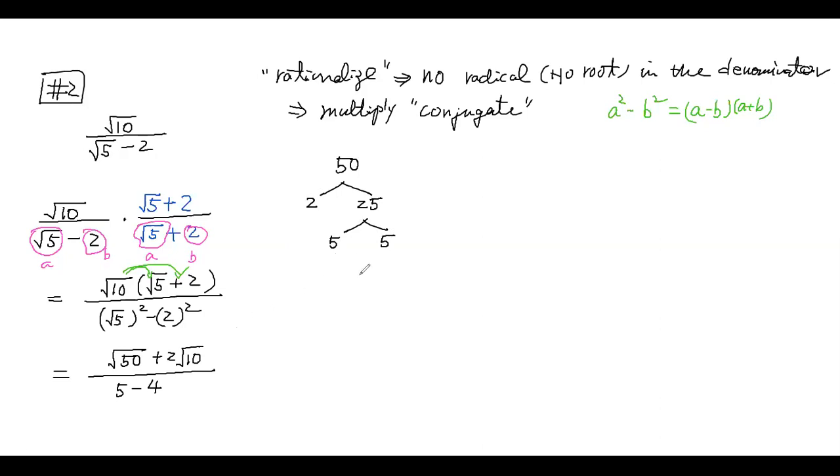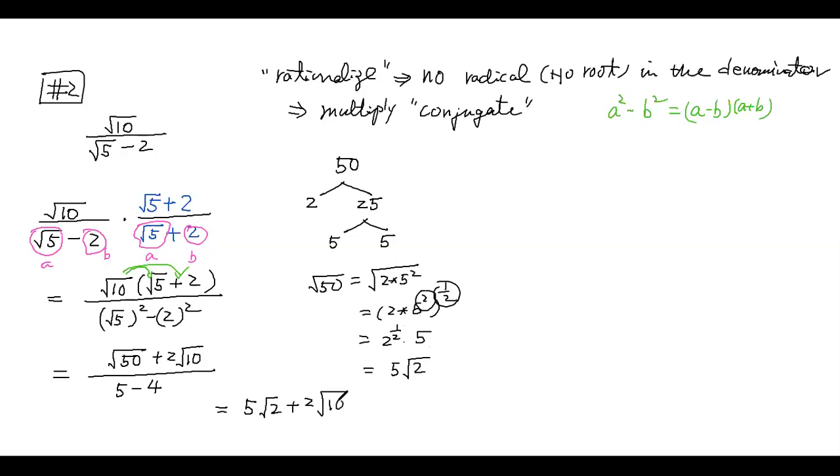So the square root of 50 can be changed to the square root of 2 times 5 squared. That is 2 to the 1/2 times 5, because the square and the square root cancel. So 5 times 2 to the 1/2 is 5 square root of 2. The denominator is 5 minus 4, which is 1. So this will be 5 square root of 2 plus 2 square root of 10.